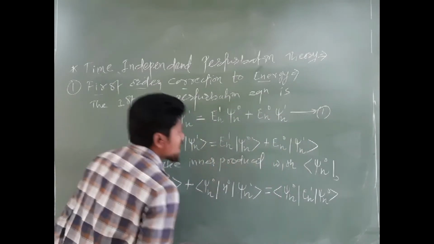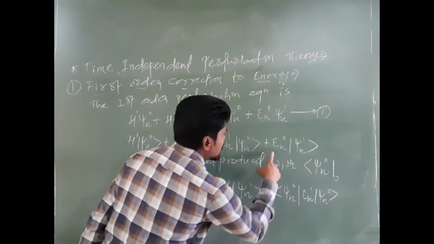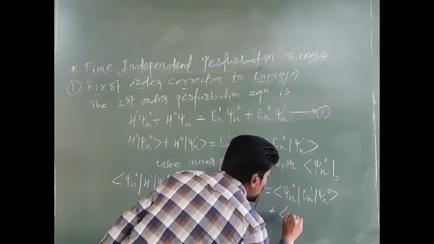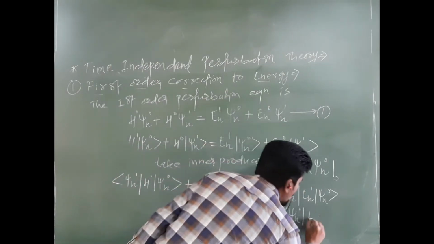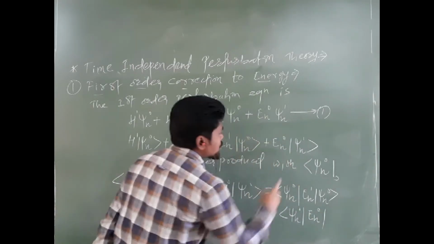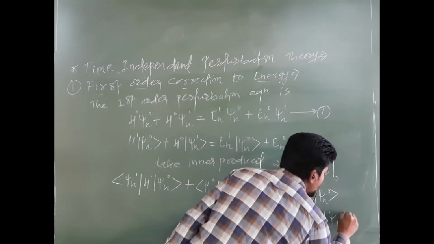Okay, one more last term, that is plus Bra notation of psi n naught, E n naught, Ket notation of psi n prime.